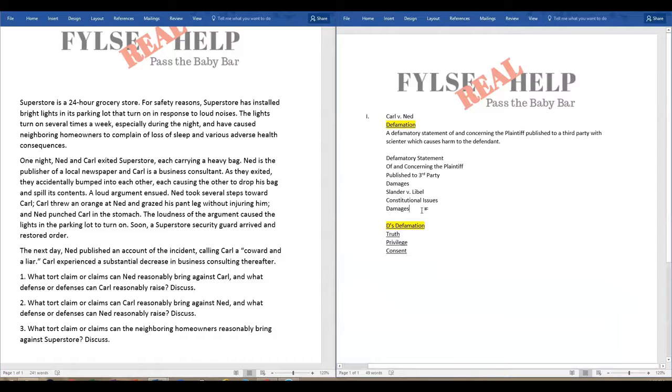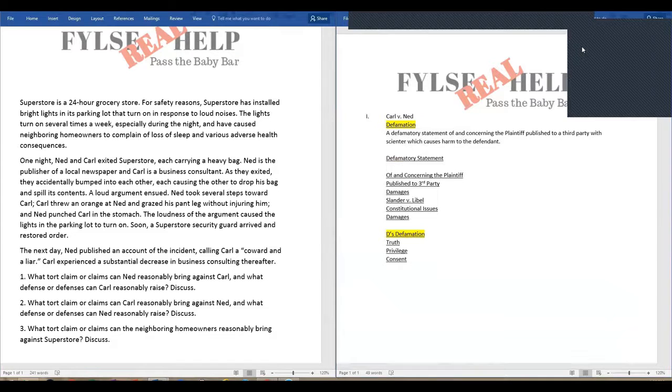What I will do is take all this and underline it. This saves me time, so when I start writing out my rule statements, I don't have to underline again.